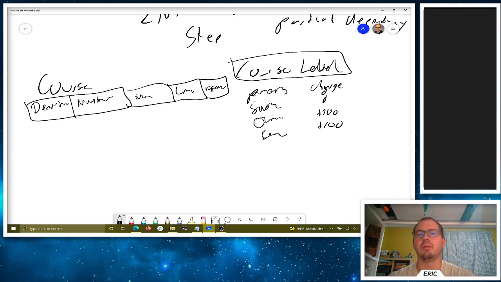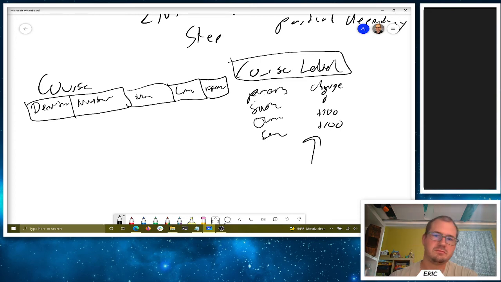We've broken it apart because we don't want to have that partial dependency in the course table. Essentially, the reason is it's repeated data. If we ever change any of this information, I have to go update it in every single course that exists there. That's not going to work very well for me. It's just not a great fit.